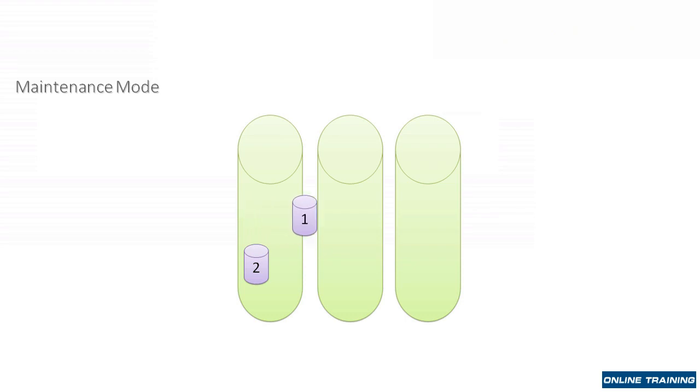And what storage DRS will do is automatically evacuate that data store for me with no service interruption. So now I can go ahead and take that data store on the left down. I can reboot my fiber channel storage array, do whatever maintenance I need to do. And when it comes back, that storage load will be rebalanced according to storage DRS's recommendations. So it definitely helps with things like maintenance.